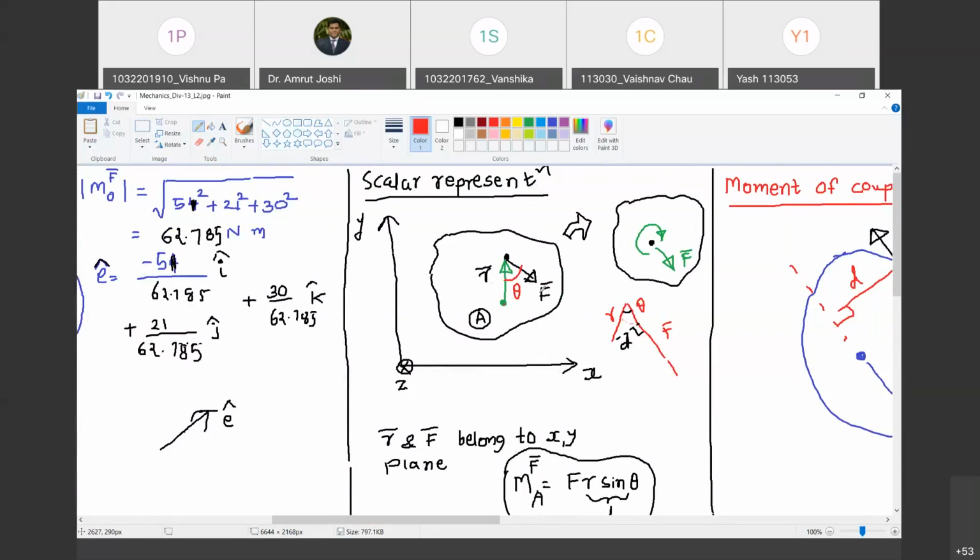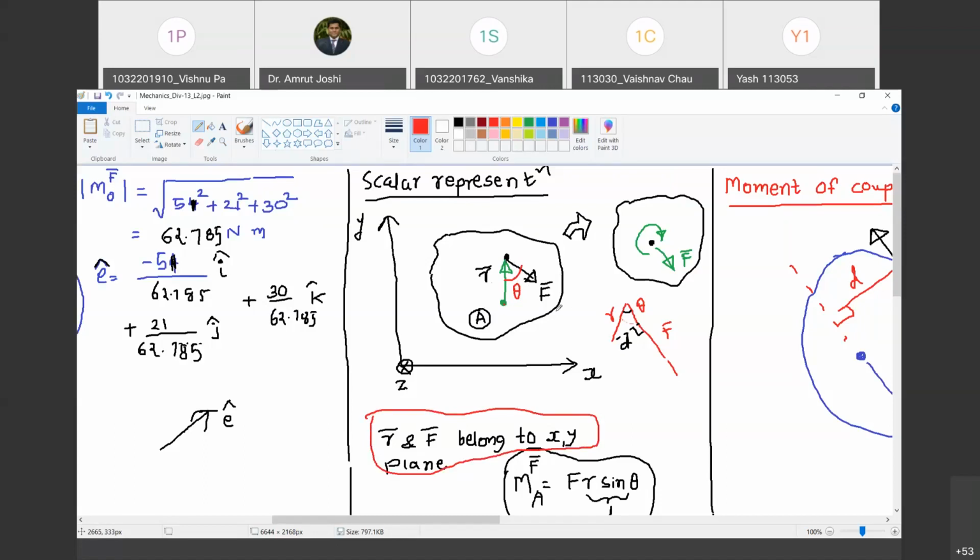And now this R bar and F bar, they are lying in XY plane. Consider the situation where R bar and F bar both lie in XY plane. So what will be the direction of the moment of F bar about A? What will be the direction as per our discussion?